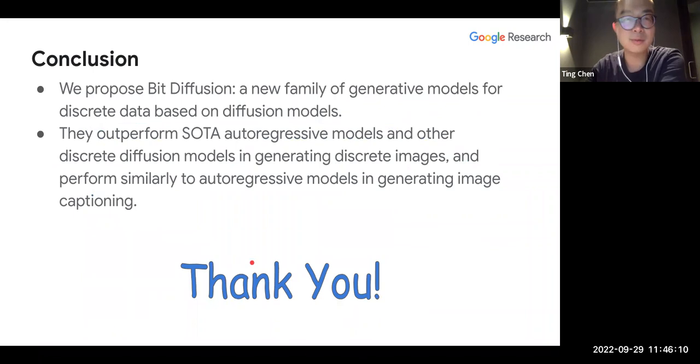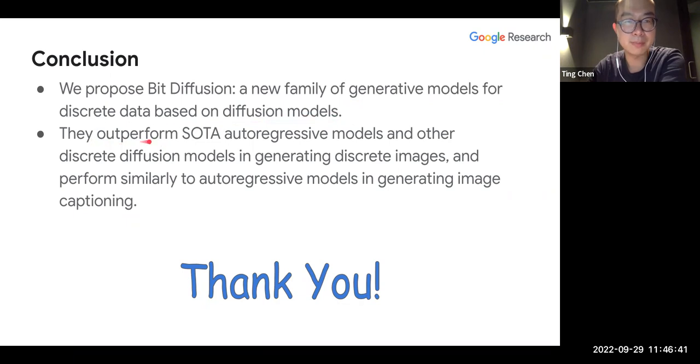To conclude, we propose Bit Diffusion, a new family of generative models for discrete data based on diffusion models. It has some properties that counter the existing state-of-the-art autoregressive generative models. And I think it might be more scalable, especially in cases where you have a really long sequence or high dimensional discrete data.